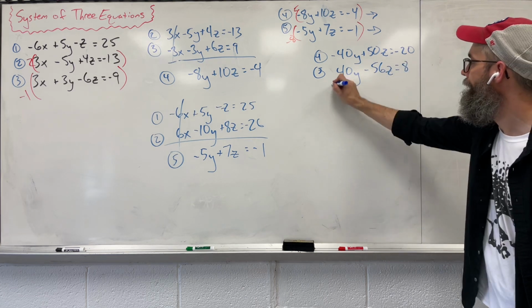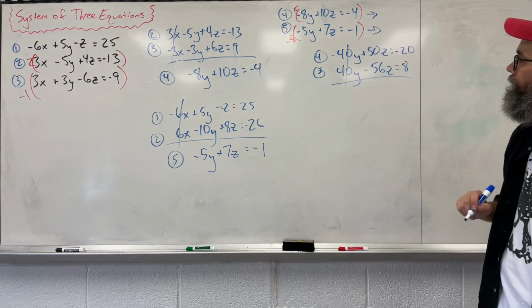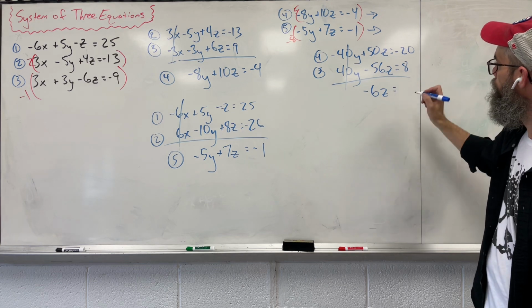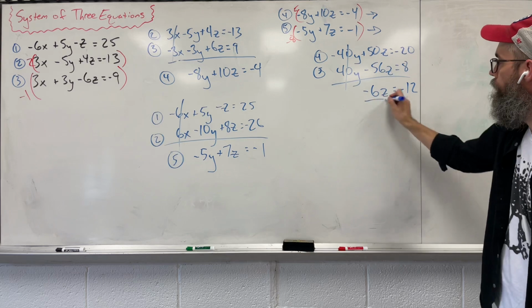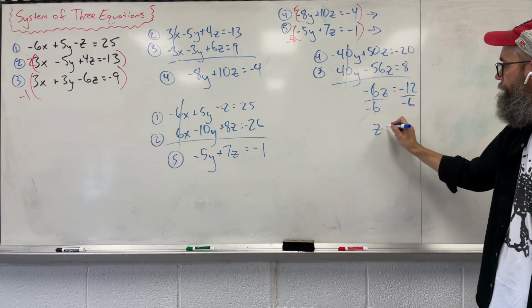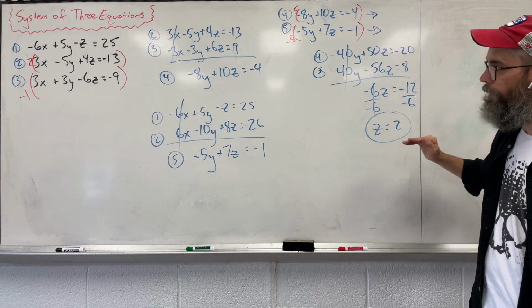Now, when we eliminate, our y's disappear. Our z's end up with negative 6z and negative 12. Divide by negative 6, get away from that z. z equals positive 2 now. Okay, we came up with one answer.